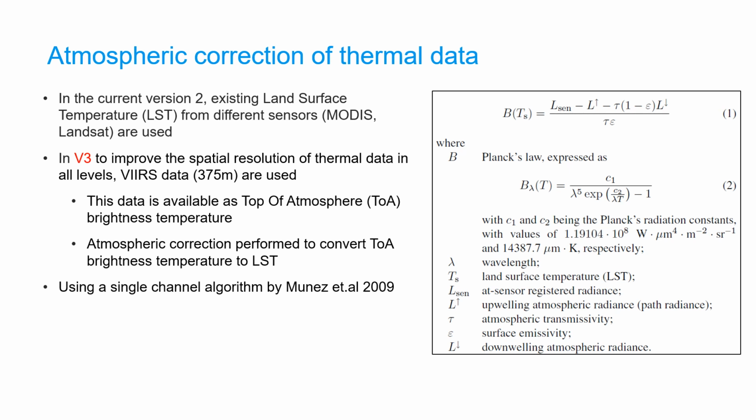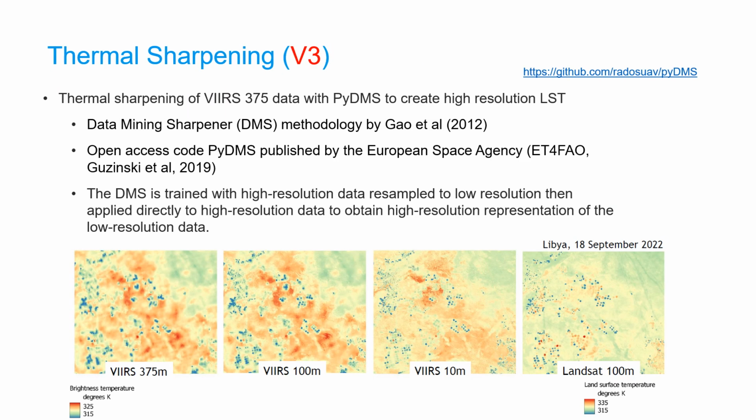This was done using a single channel algorithm by Muniz et al. The equations behind this algorithm are shown in this slide. In version 3 of WaPOR, the thermal sharpening approach is introduced to produce high resolution LST from VIIRS 375 meter thermal data.